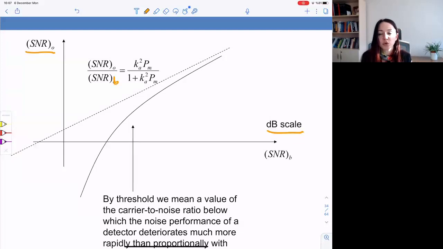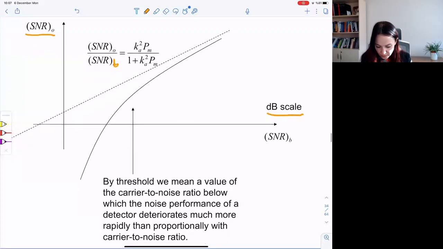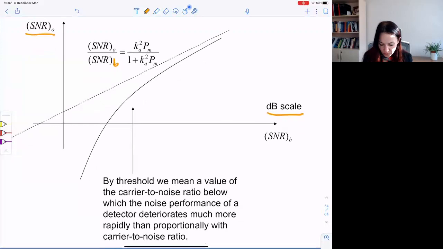In some textbooks, since it's the carrier to noise ratio, it's also abbreviated as SNR_C. If you plot this, you'll see roughly a position for the threshold.